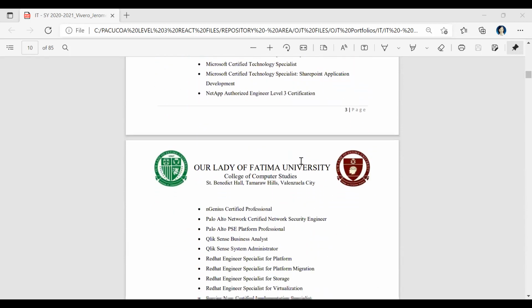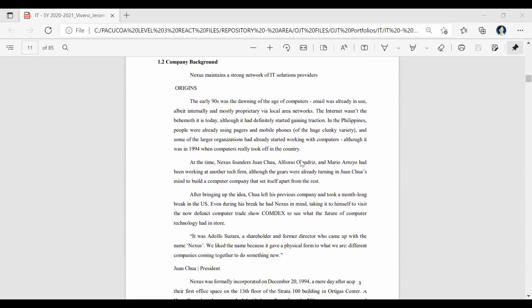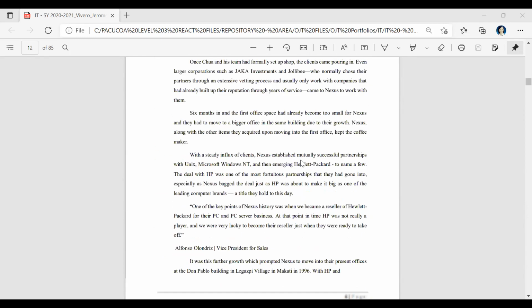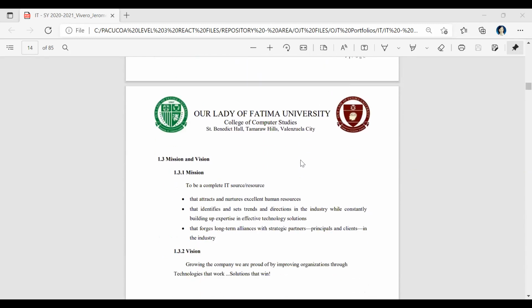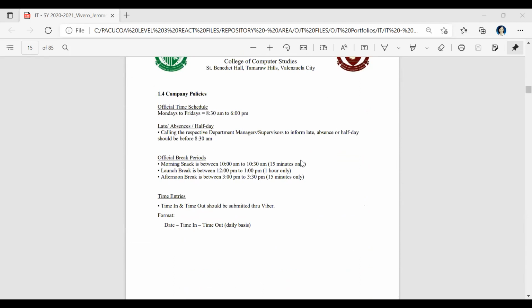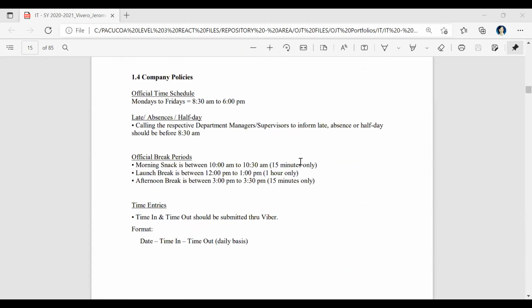Now, aside from that, they have the company background. Their company policy. So you're going to ask this, or if your superior is busy, then you can just remember what you have been given during the orientation, like your official time schedule and what are their policies if you happen to be late, or if there are holidays, the official breaks.